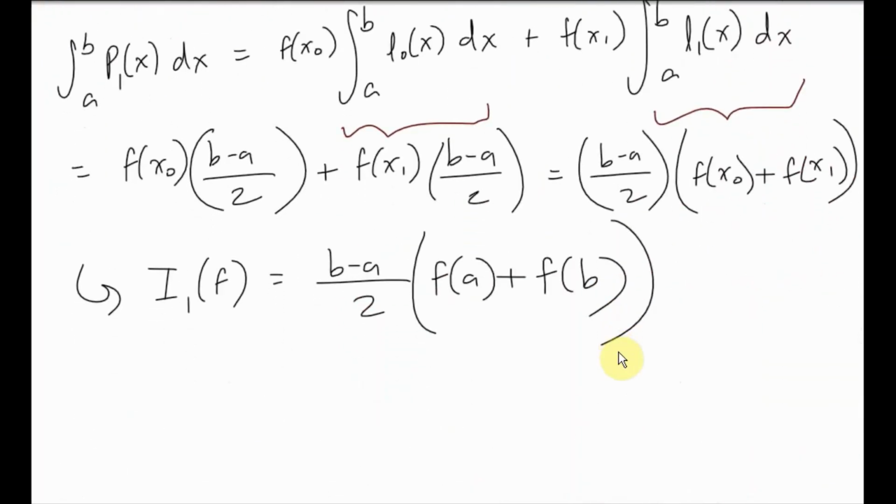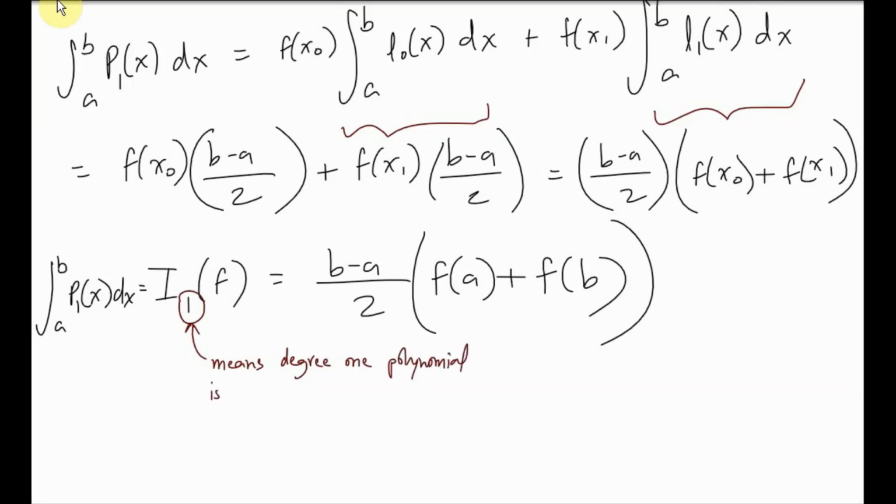Just to be very clear, the integral of p1 of x dx equals this. Notice that there's a subscript here, 1. This means a degree 1 polynomial is being integrated.